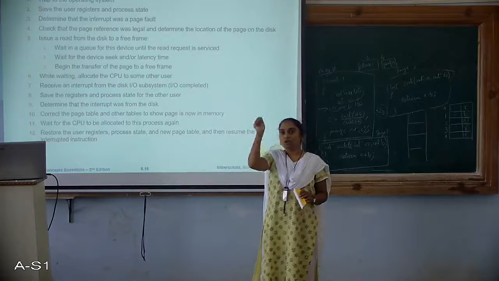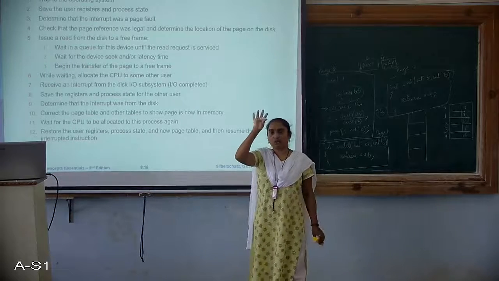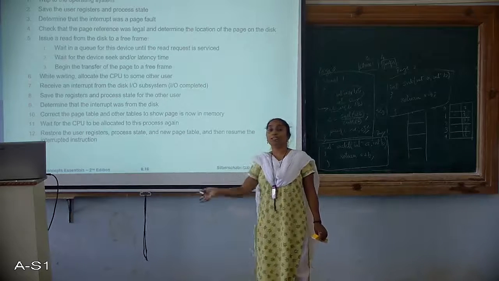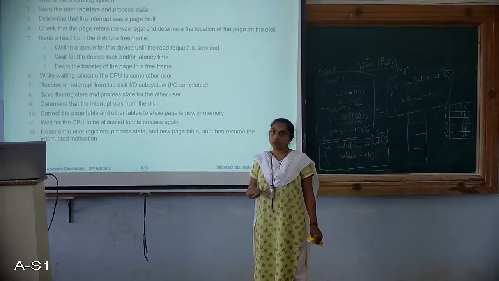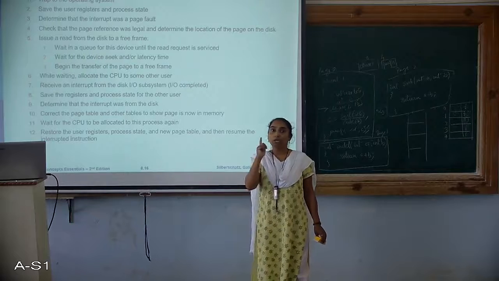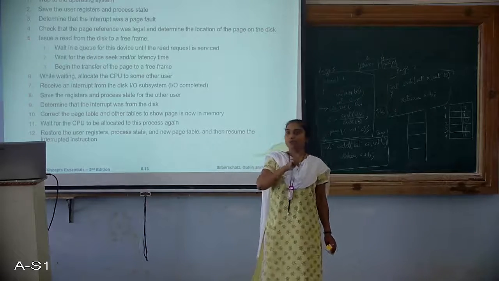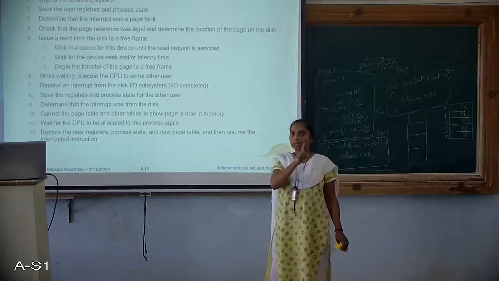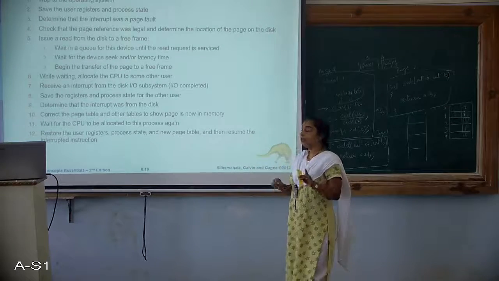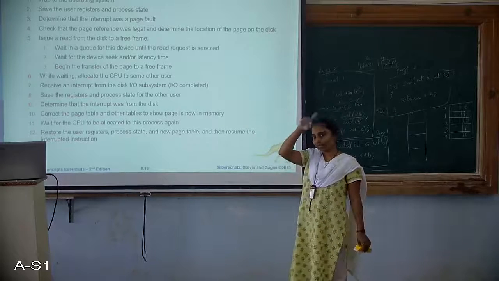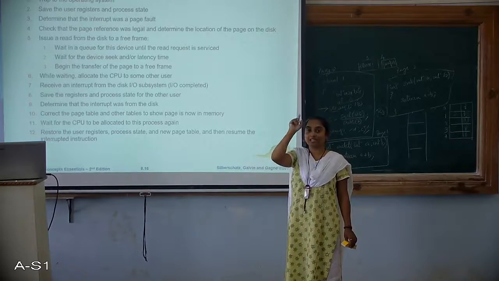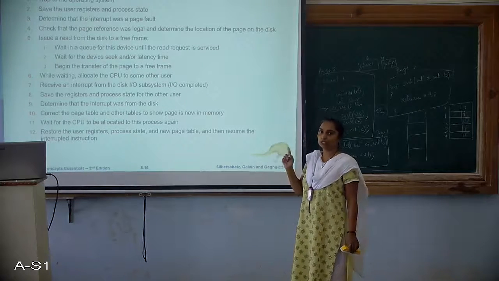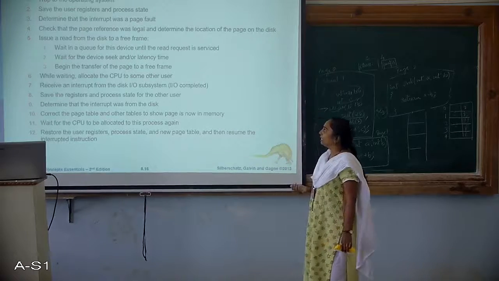So the CPU first takes the state of the process executing and puts it into the PCB, and puts the PCB into the waiting queue. Remember, you have learned this in chapter 3, what is PCB and what is waiting queue. Just check your internals, you have written all this, right? So we take the snapshot of the current state of the process, put it into the PCB and store this PCB into the waiting queue.